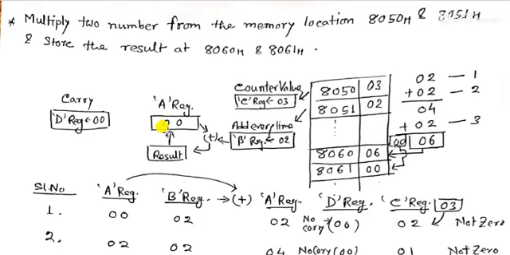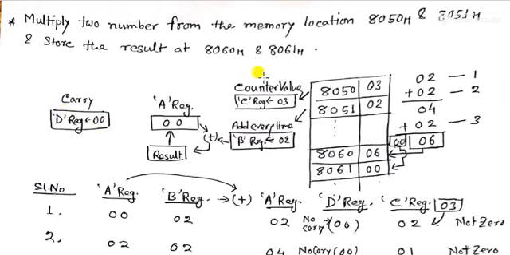First of all we take the accumulator content as 00, and the B content is 02, and we add A with B. The result will be stored in A. For the carry, that is the content of 8061, if the result exceeds an 8-bit number, then we have to consider the carry bit. For the carry we take the D register, initially making it 0.